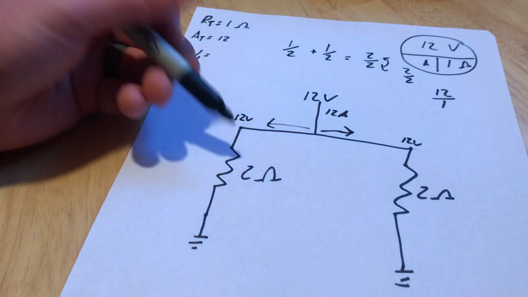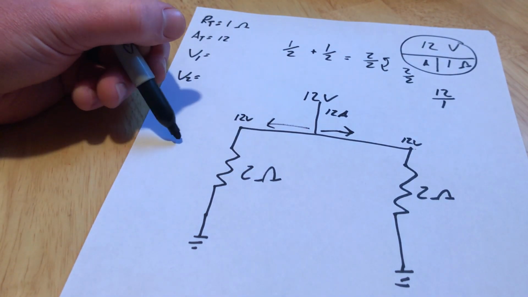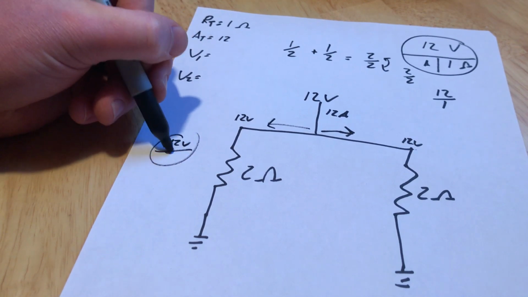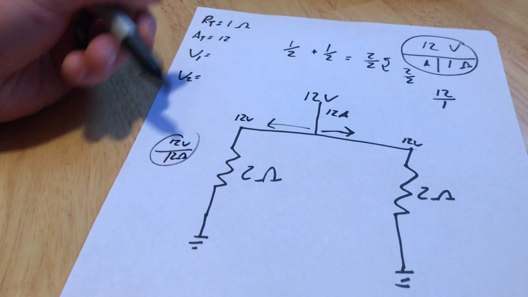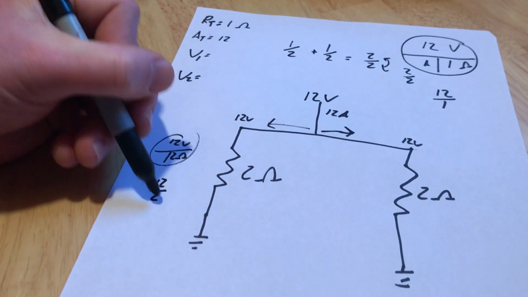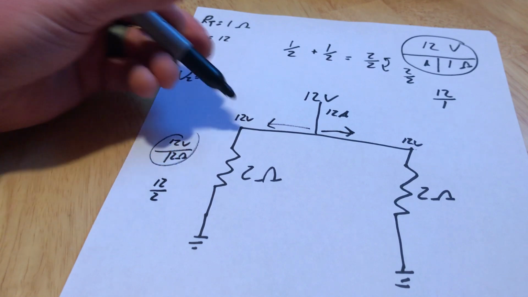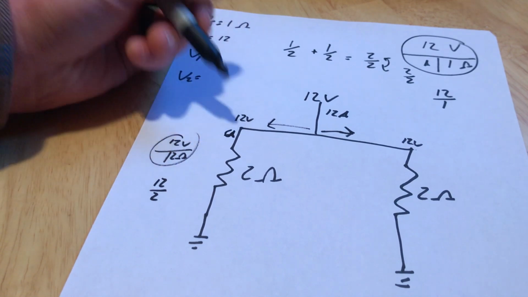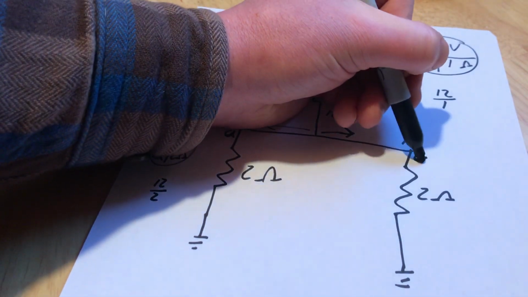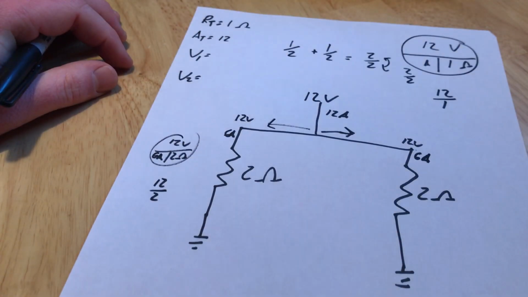12 volts, 2 ohms. We'll do another little Ohm's law chart over here. 12 volts, 2 ohms. How many amps? Cover the thing up. 12 over 2 gives me 6 amps. It's definitely going to be the same over here as well, 6 amps.